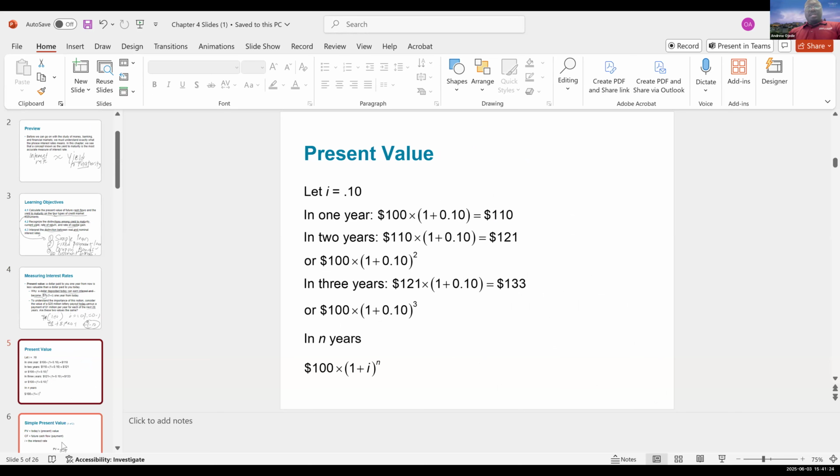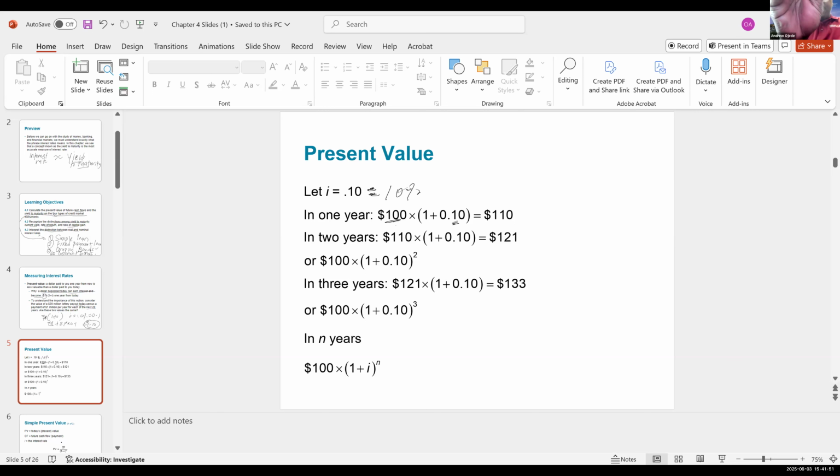Okay, so let's think about $100. If the interest rate is 10%, 10% is 0.1. So when I say i is 0.1, that's the same thing as saying i is 10%. It's 0.1 in decimal, but 10%. So if you deposit $100 in your bank account, after 1 year your money is going to grow to $100 times (1 plus the interest rate).